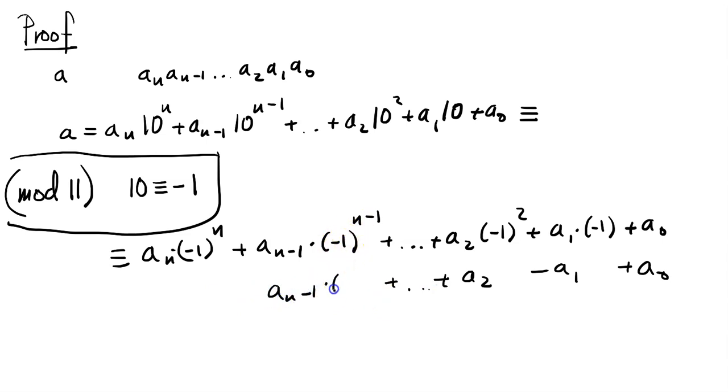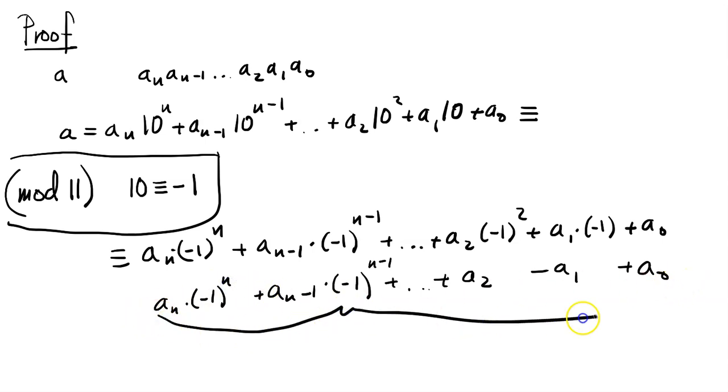What sign each has depends of course on how many digits we have here, but we see that every other one will be plus and minus. So we see here we get an alternating digit sum. So it means that a is congruent with the alternating digit sum of the number a.